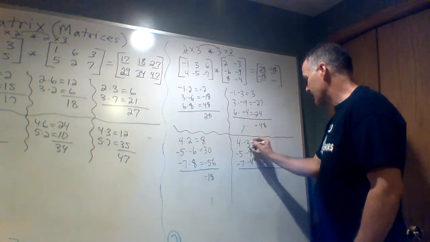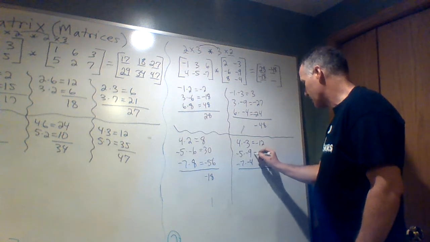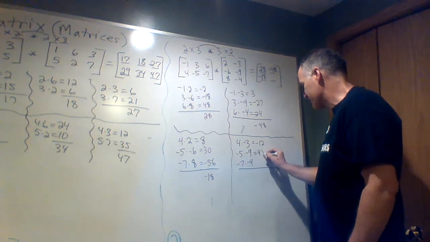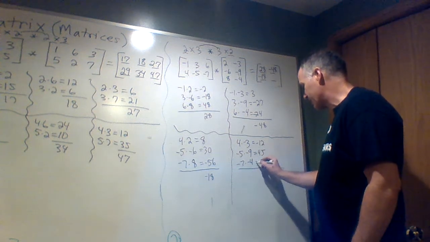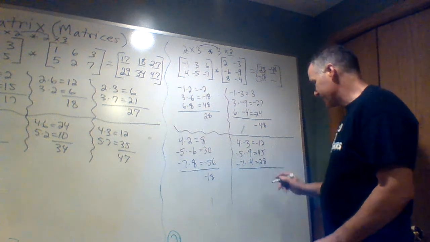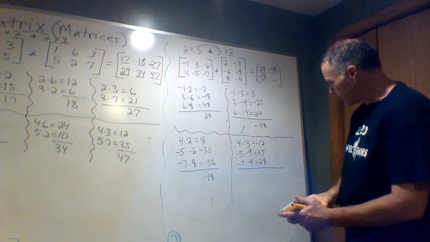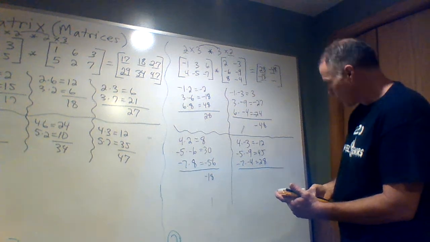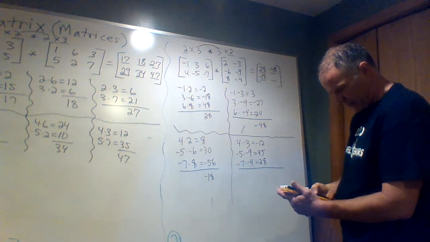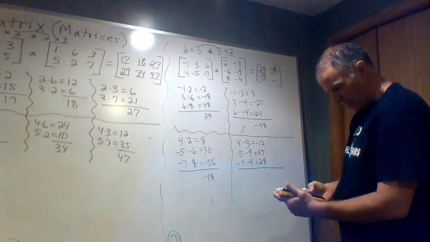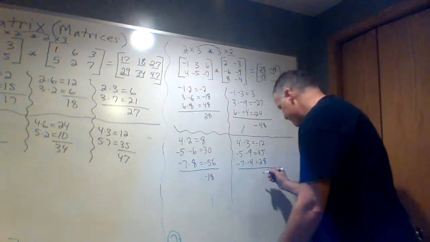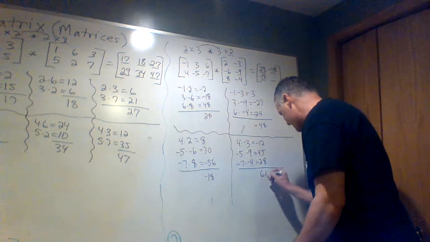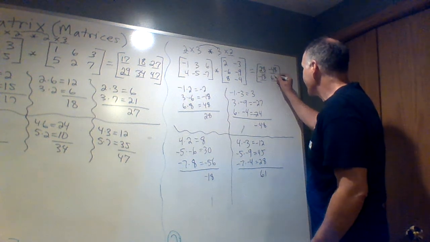So 4 times negative 3, negative 12. Negative times a negative, positive 45. Negative times a negative, positive 28. Okay, I'm going to do this one on the calculator as well. Negative 12 plus 45 plus 28. Boom. Positive 61. And that's it.